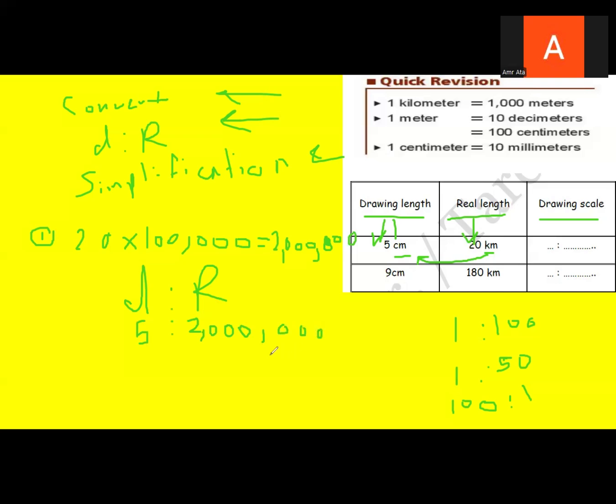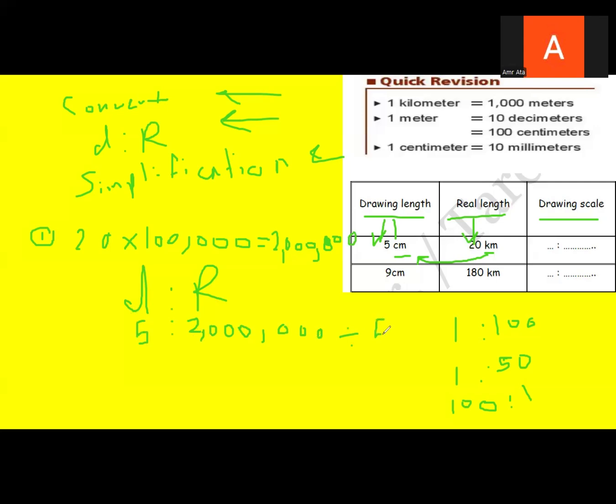So this is the next step. I have the first step, convert 20 kilometer to centimeter by times it by 100,000. Number 2, draw to real. I write the length in drawing to the length in real. Then the last step, the third step, I will simplify. It is divided by 5 and it is divided by 5.